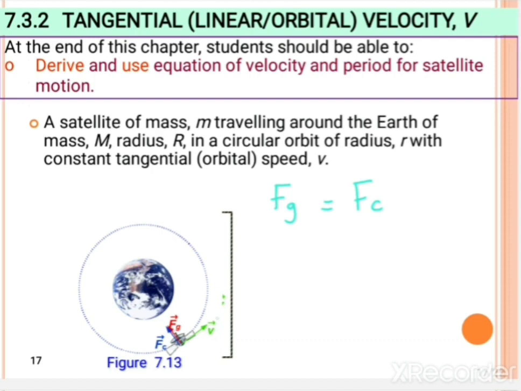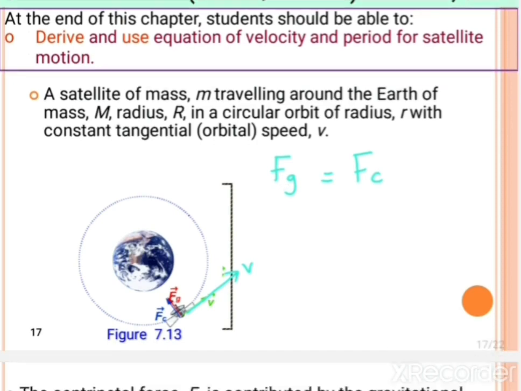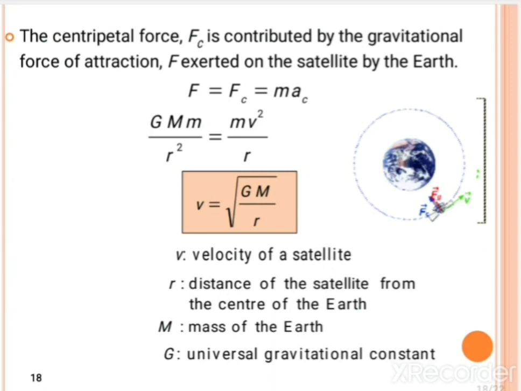Yes, look at here. The satellite will escape from its orbital radius, so this satellite will move at tangential velocity. So you need to derive tangential velocity using this concept, Fg equals Fc.